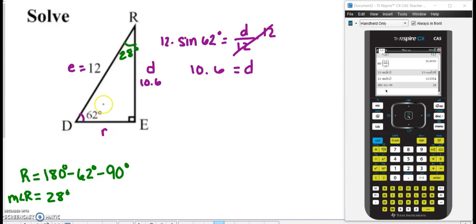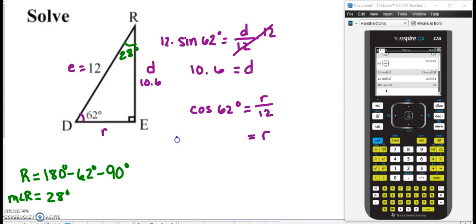So we can also use this value to calculate if I wanted to do opposite over hypotenuse again, if I wanted to use sine again. But in this case, let's go back and use cosine. So the cosine of 62 degrees is equal to the adjacent over the hypotenuse.